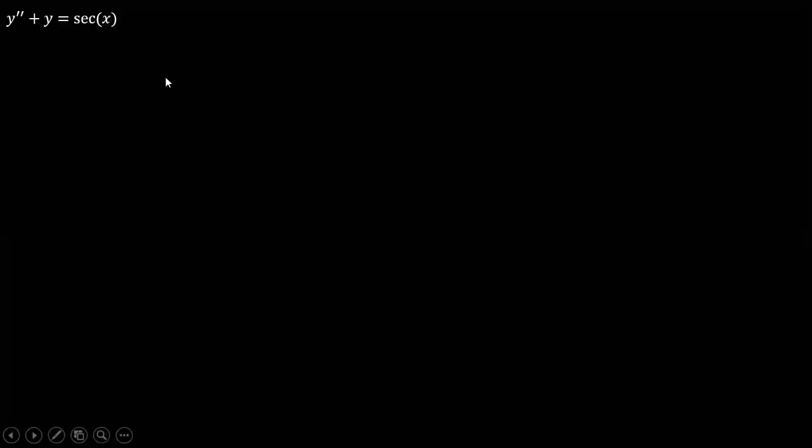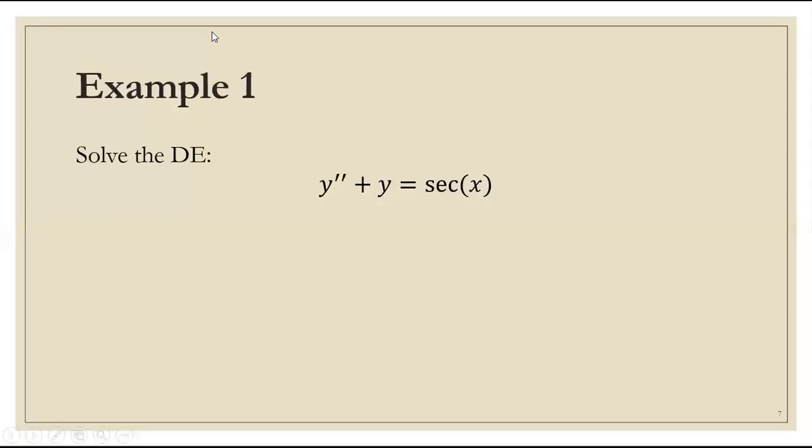Let me give you the first example. By the way, let us discuss together. Can you find the annihilator for the right-hand side? Can we find the annihilator for the right-hand side? What do you think? The function sec. No, because the sec, what is it?